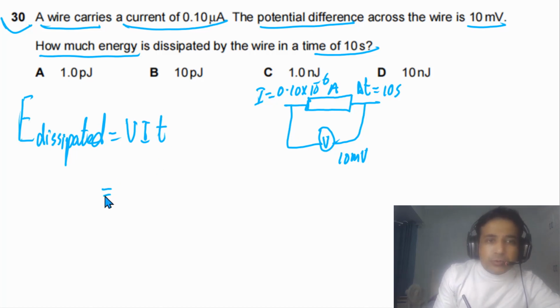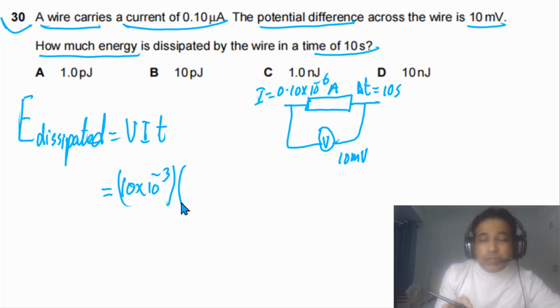Now simply you need to plug in values. The value of V is 10 millivolts, so this is 10 times 10 to minus 3 volts. We have to use SI base units. And the value of current is given, that is equal to 0.10 times 10 to minus 6. And we have the value of time, that is equal to 10 seconds.